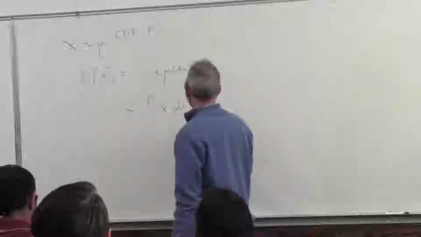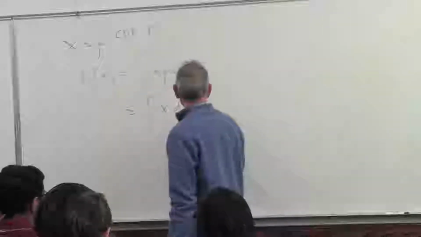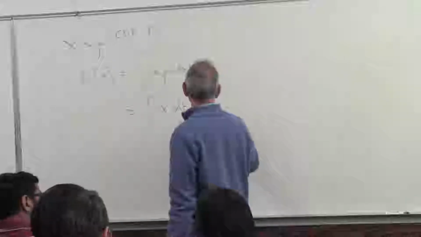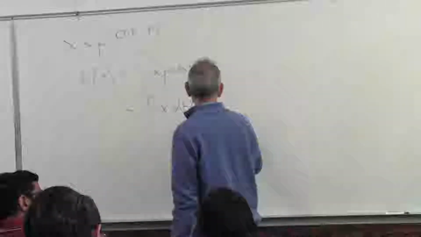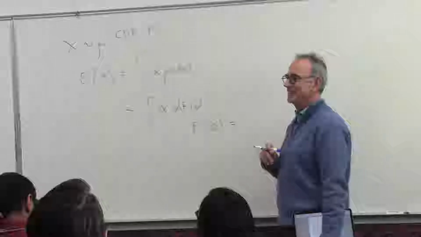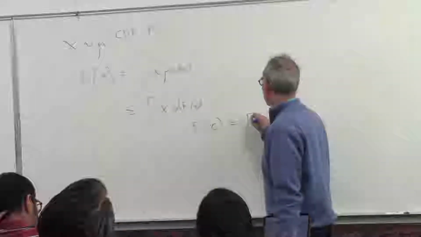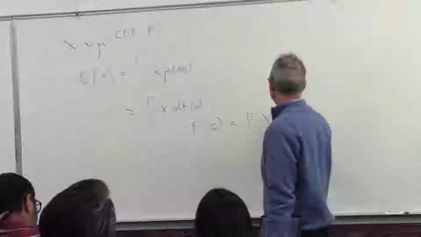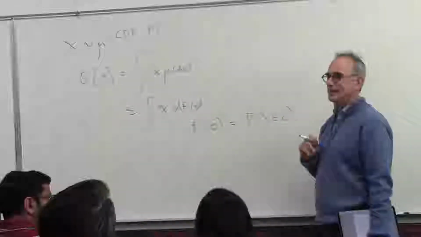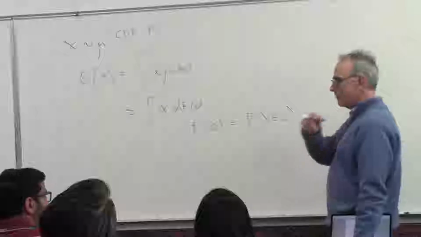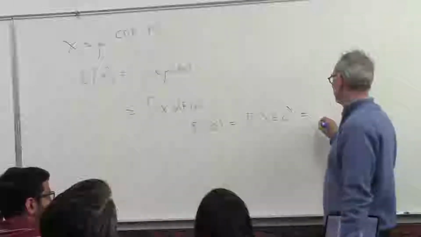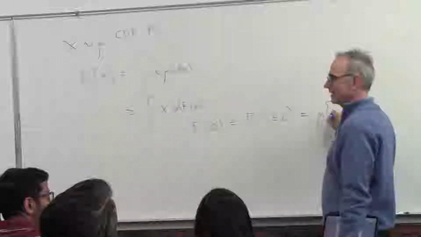So what is F of c in terms of mu? Mu is a probability measure, so remember what that is. It's the probability that x is less than or equal to c. How does it relate to mu? It's easier than that. You could write it as an integral, but it's just mu of something.